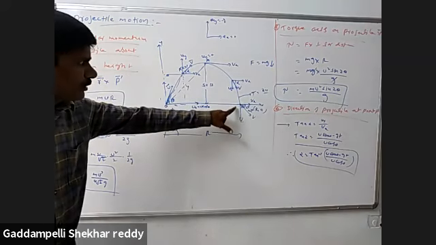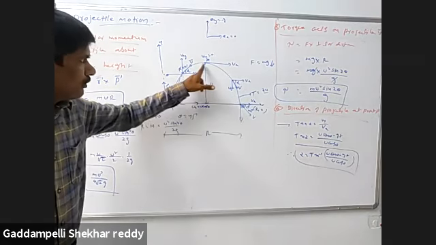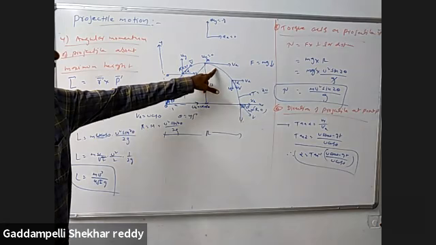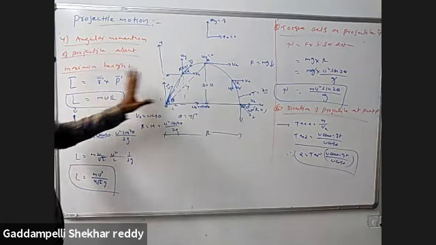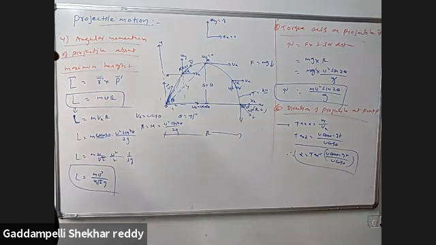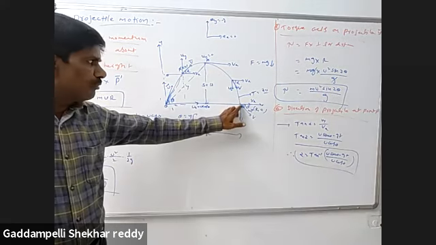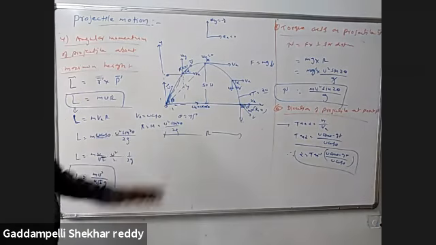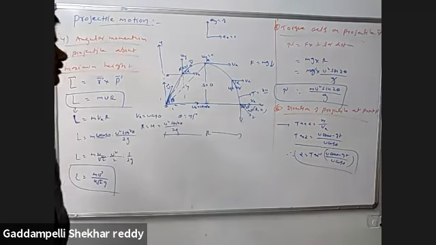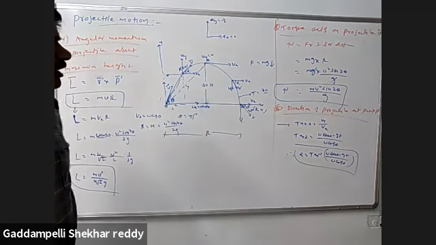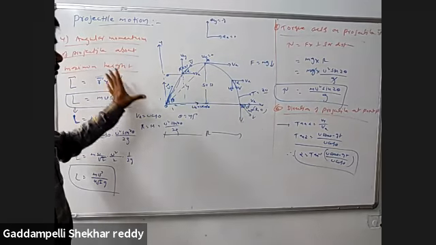Next, at what time the final velocity vector is perpendicular to the initial velocity vector. Next, to find the velocity to reach point P, the change in momentum, and the angular momentum about maximum height.